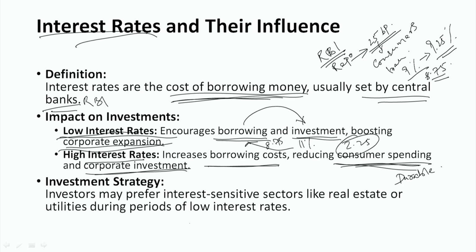Investors prefer to invest in interest-sensitive sectors, which are considered to be real estate or other utilities, where I can call durable items, whenever the interest rate is lower. So whenever the interest rate is less, individuals or retail investors would start putting more money into the economy. So that's the impact of interest rate.